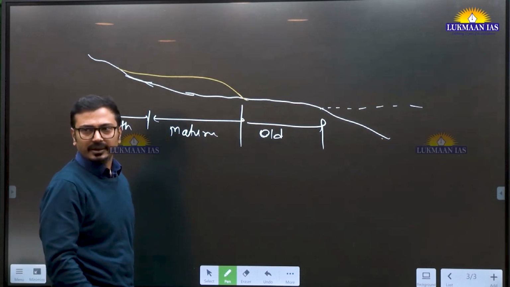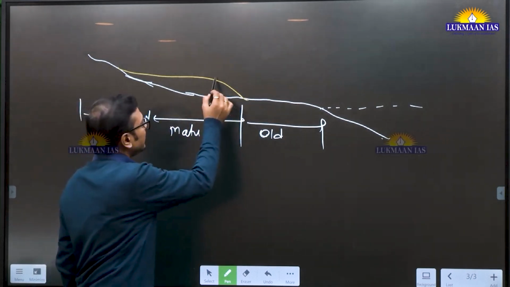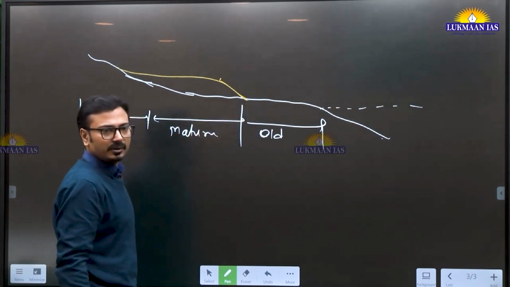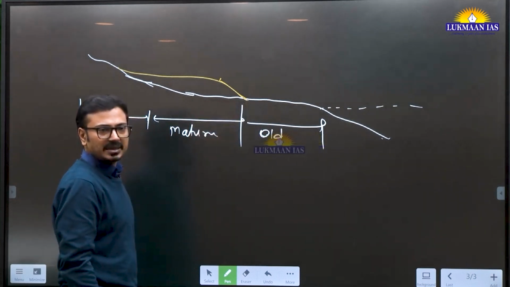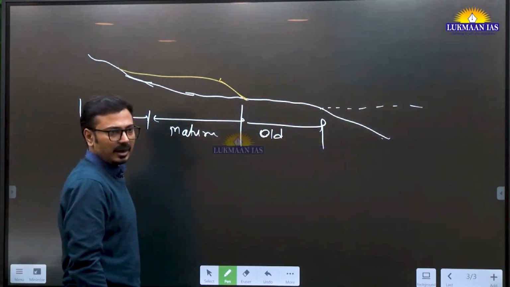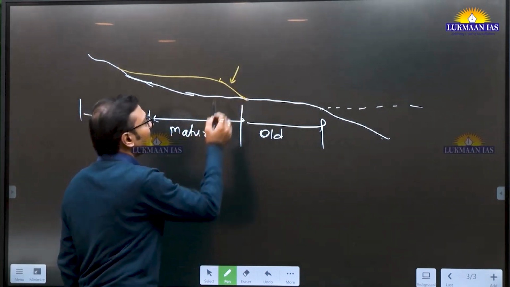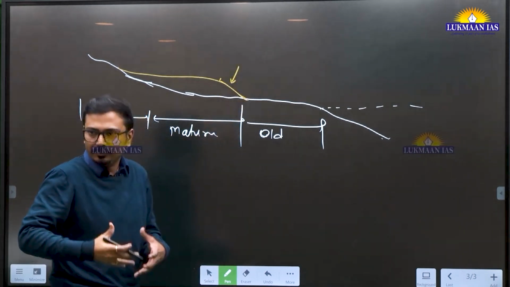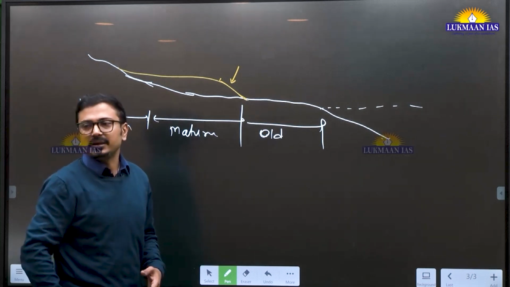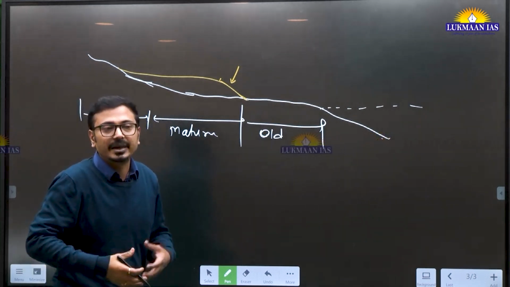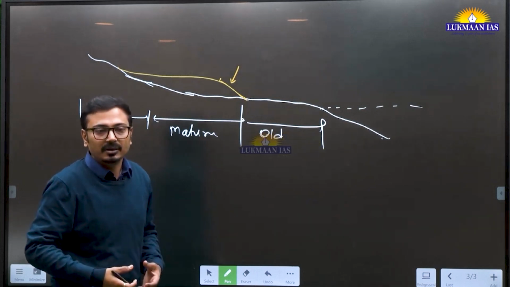Earlier there was a mature stage, and suddenly there is a steeper slope made available here for the river, and because of that what will happen? The river will start eroding with greater vigor. So vertical erosion will gain more momentum here.